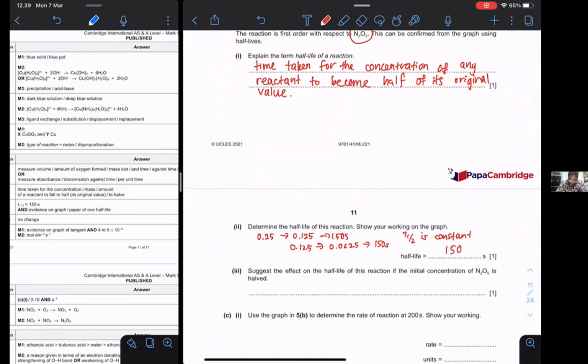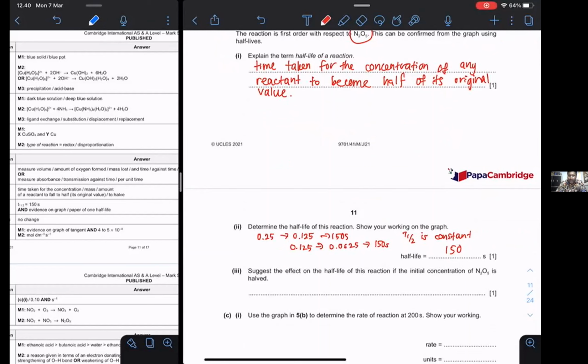Suggest the effect on the half-life of this reaction if the initial concentration of N2O5 is halved. So suggest the effect. Do remember, if you change the concentration, the half-life is not going to follow the concentration, because it follows the order of the reaction.